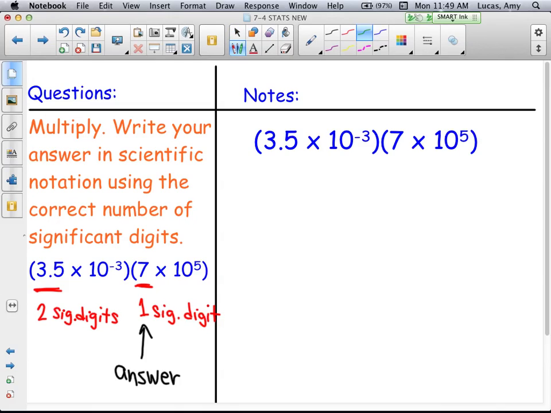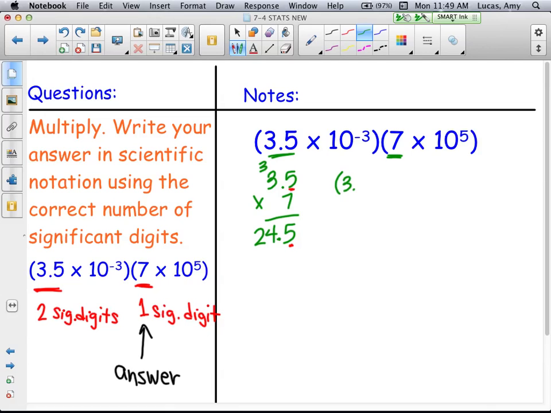So I'm going to do my regrouping, and I'm going to multiply 3.5 times 7. So multiplying these together first. 3.5 times 7, 7 times 5 is 35. 7 times 3 is 21. Plus 3, 24. I've only got 1 digit on the right, so I need to keep 1 digit on the right. So 24.5.